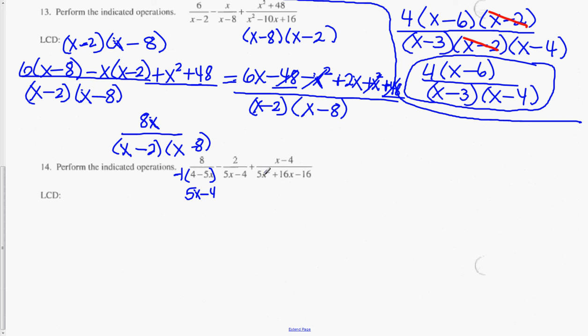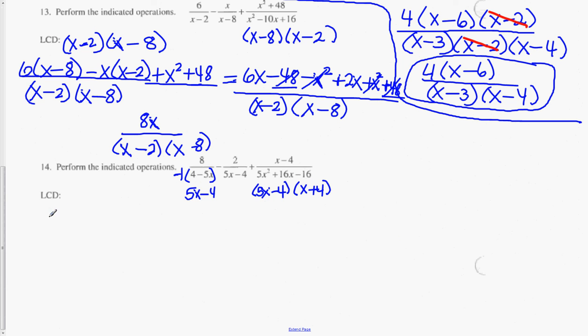I'm not going to spend time going through the factoring for 5x squared plus 16x minus 16. That's something we should have practiced with the Amazing Method or AC Method. I'm just going to tell you that's 5x minus 4 and an x plus 4.